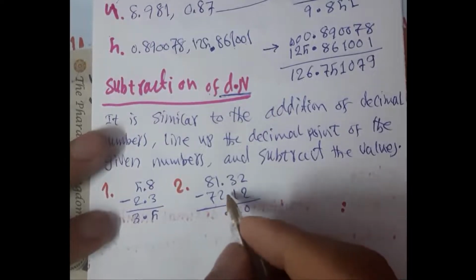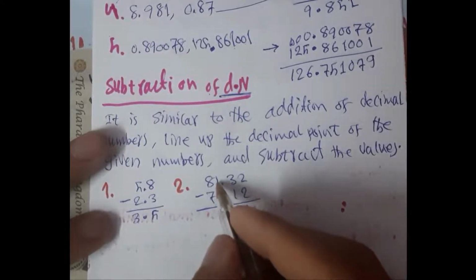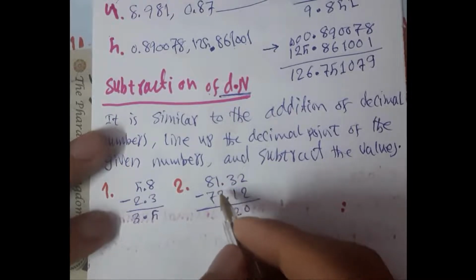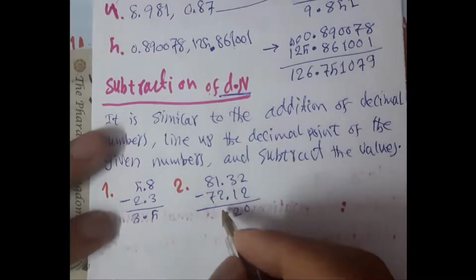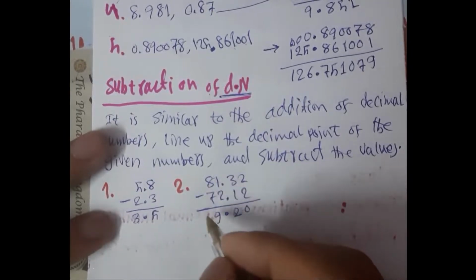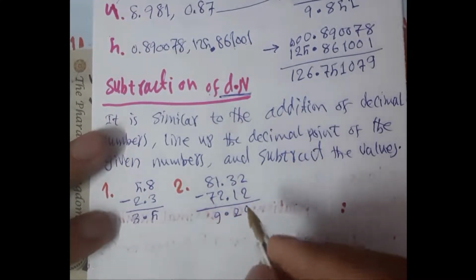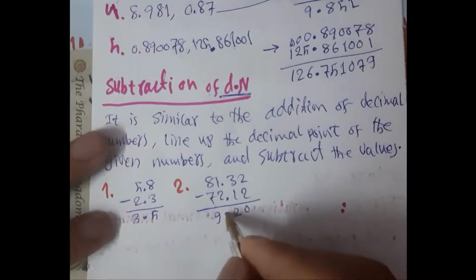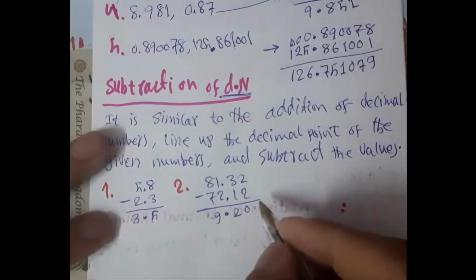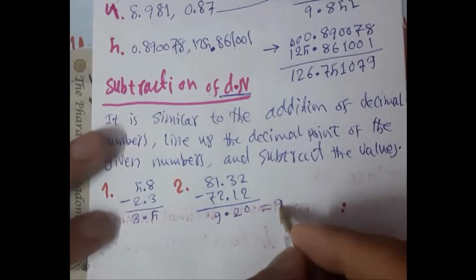At decimal point we write the decimal point. Here we cannot subtract 2 from 1, so we take 1 and it becomes 11. 11 minus 2, 9. Here we have 7. 7 minus 7, 0. So it is 9.2. It is the answer.